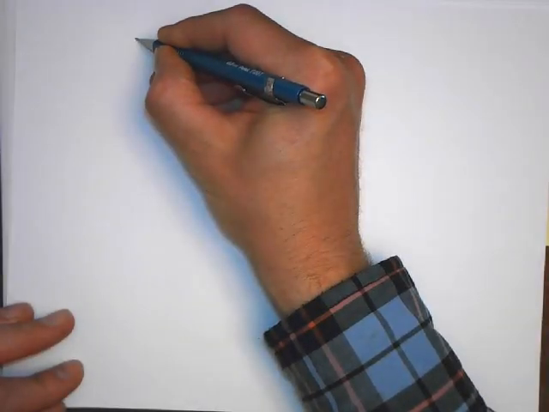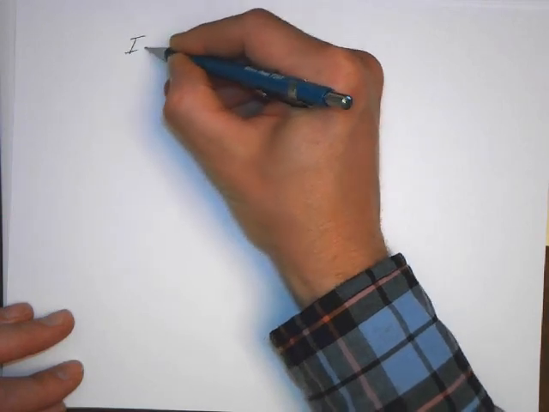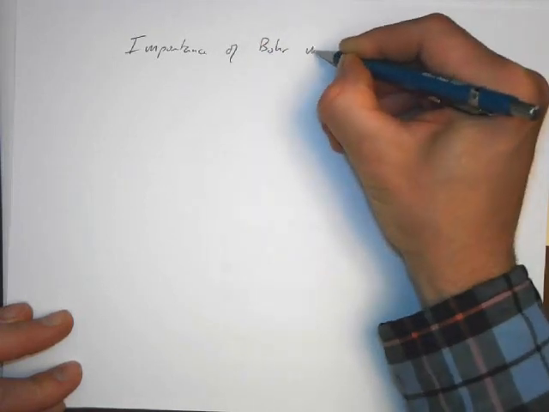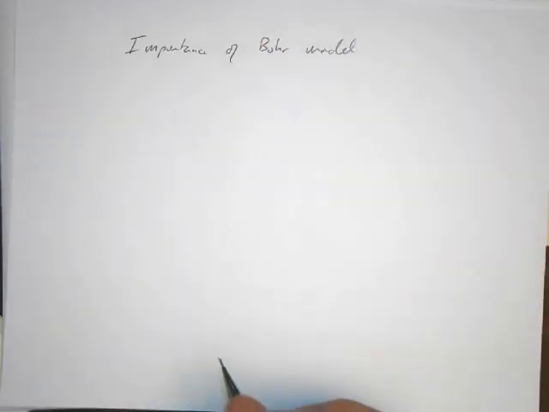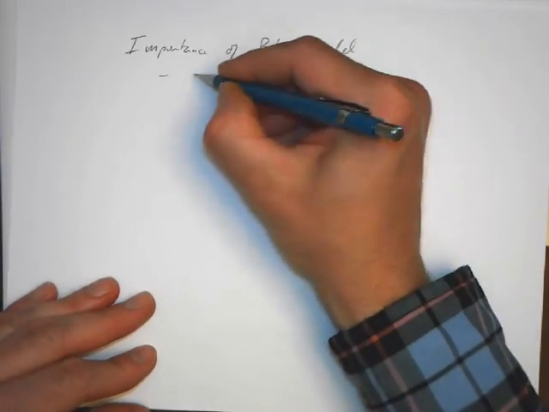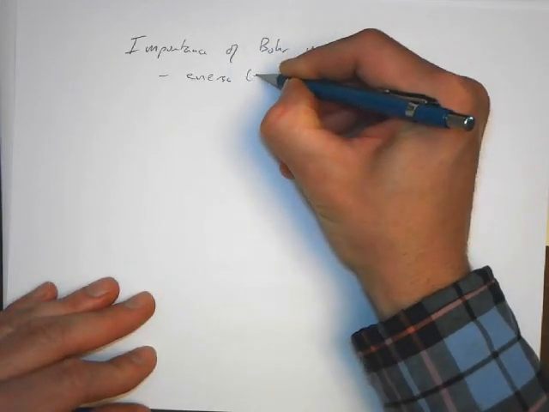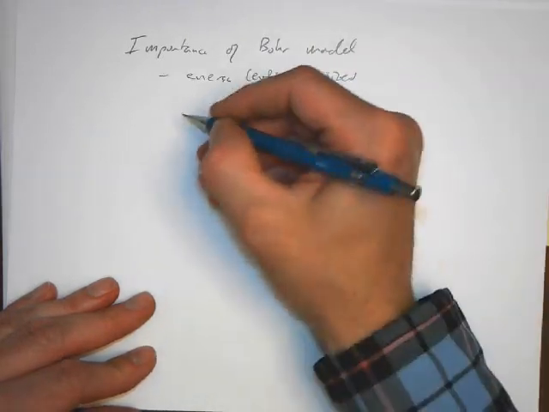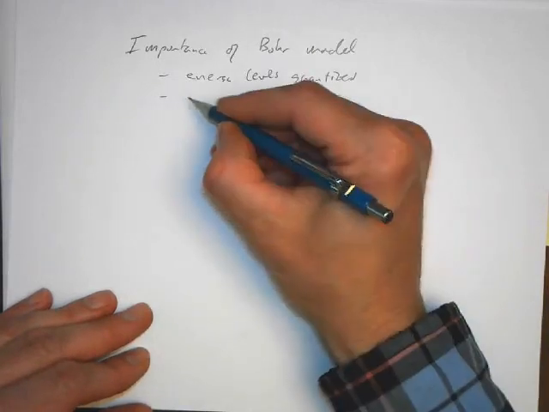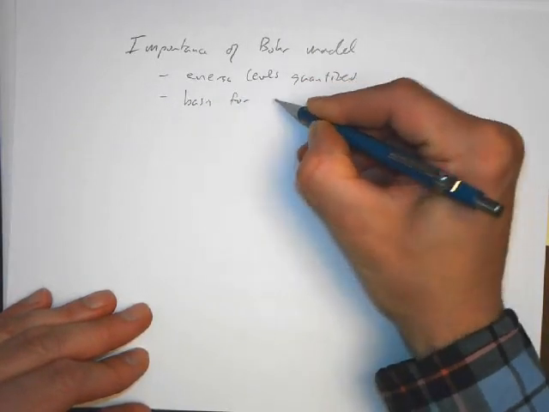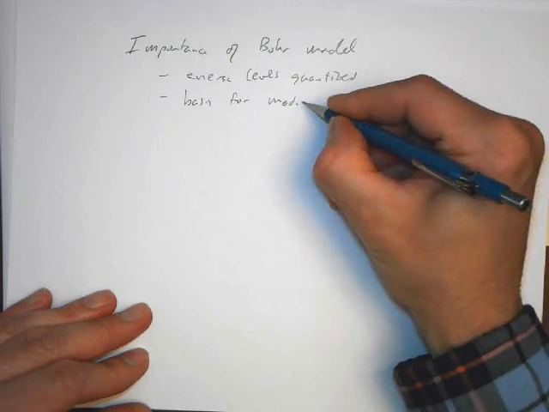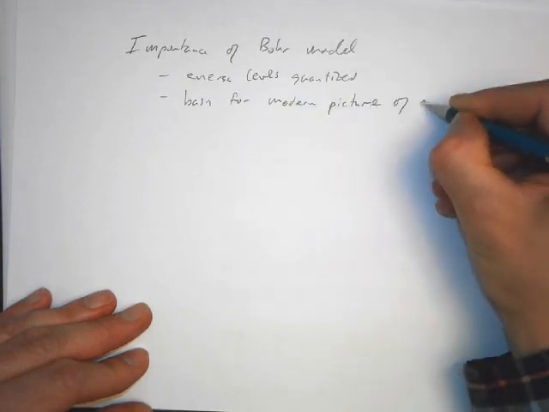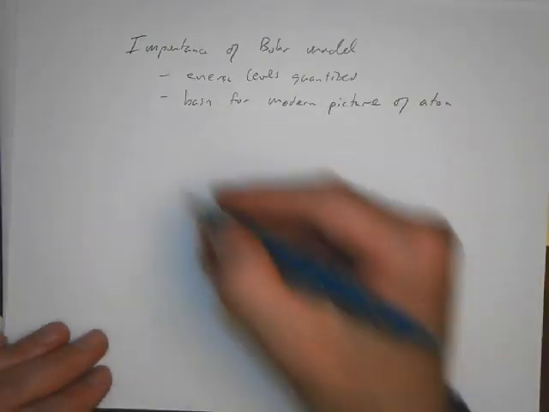Let's think about the importance of the Bohr model. We have the quantization of energy levels. This is really the basis for the modern picture of the atom. But there are problems with it too.